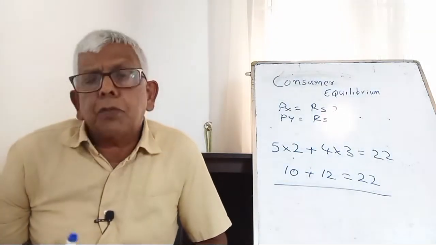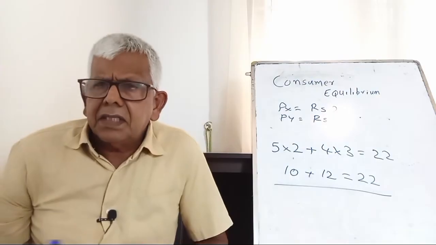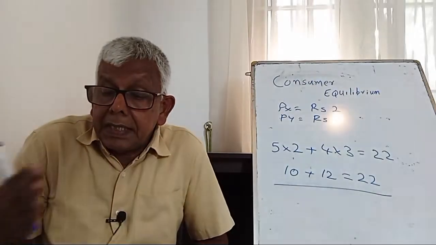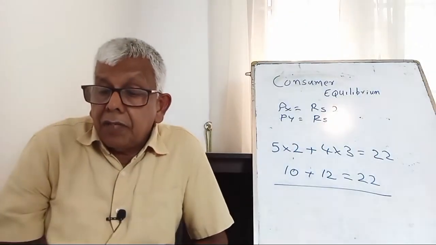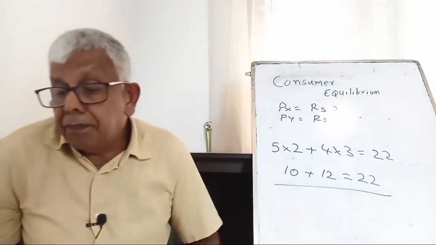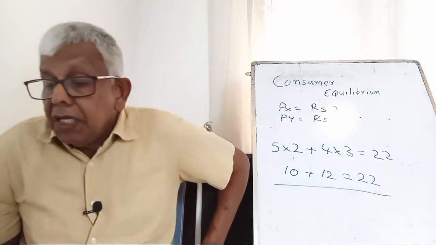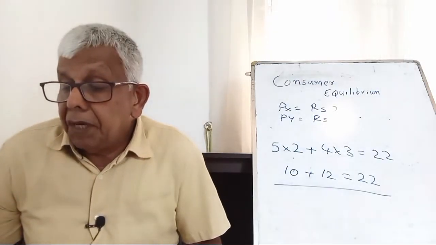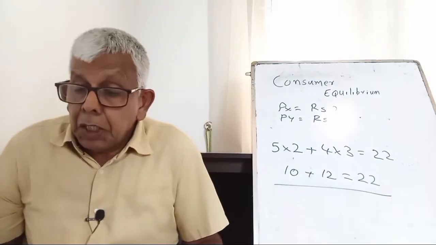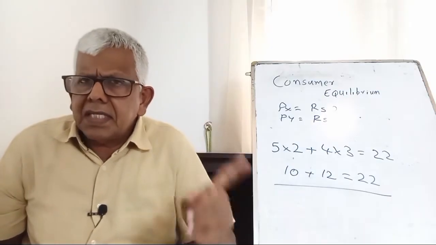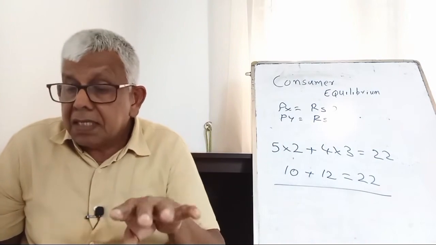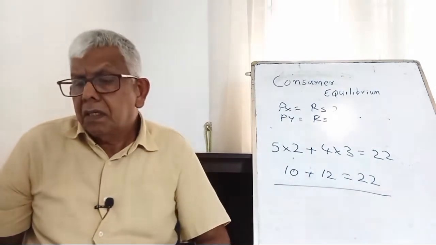At the next point, X equals 6, Y equals 5, MUx divided by Px equals 5, MUy divided by Py equals 5. Expenditure: 6 multiplied by 2 plus 5 multiplied by 3.